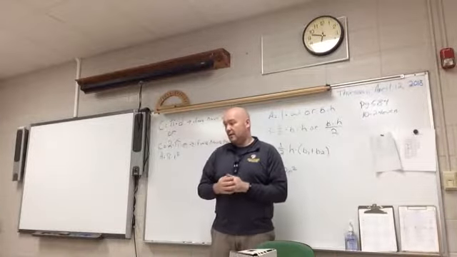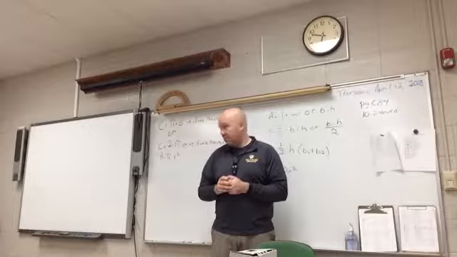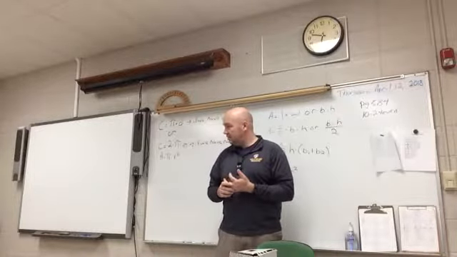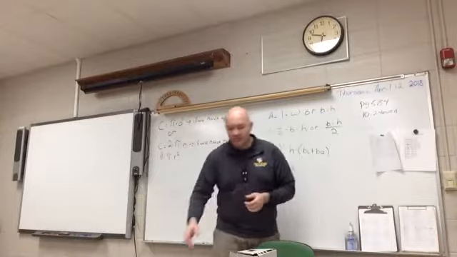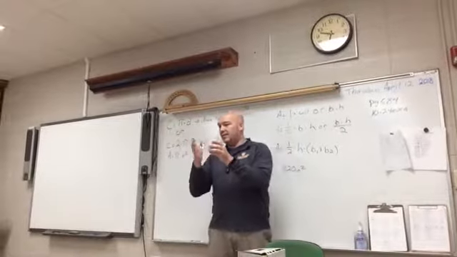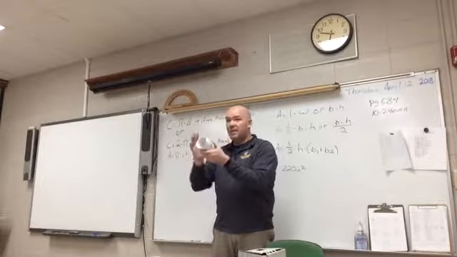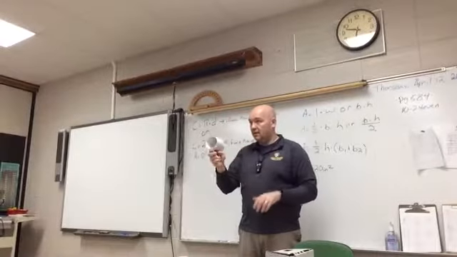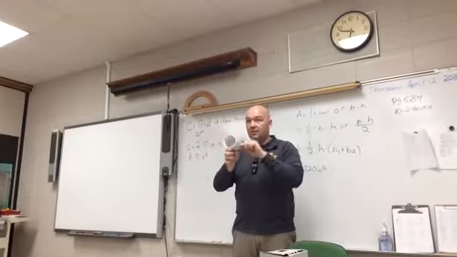Now comes the hard one. A cylinder. You know what a cylinder is? Let's pretend that this mug doesn't have a handle, okay? This would be a cylinder. Okay? Cylinder is a round. It's got 2 ends that are what?